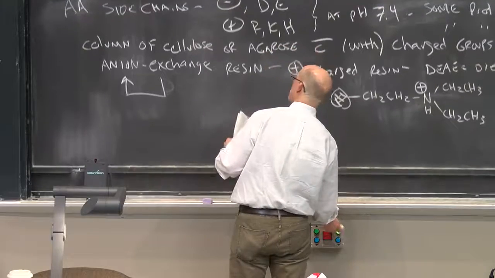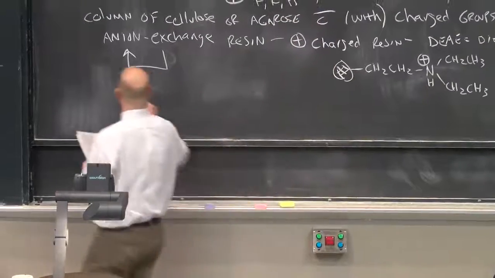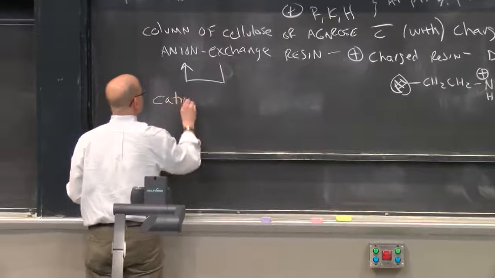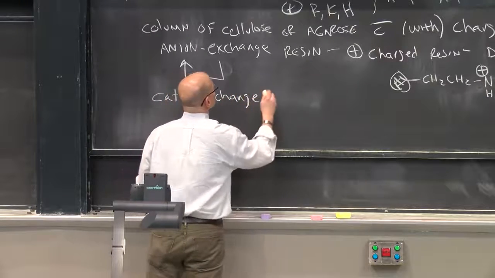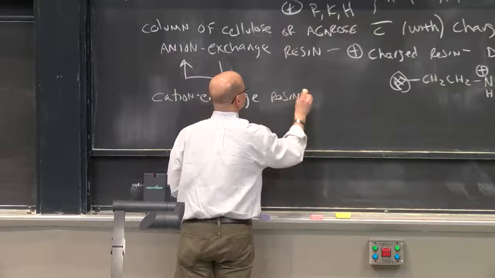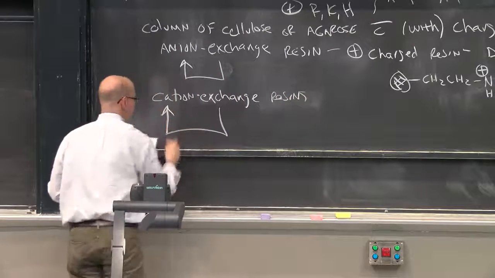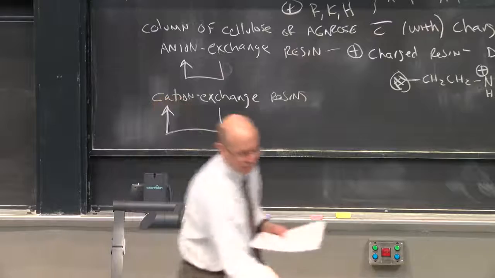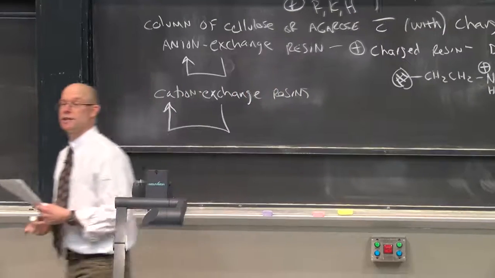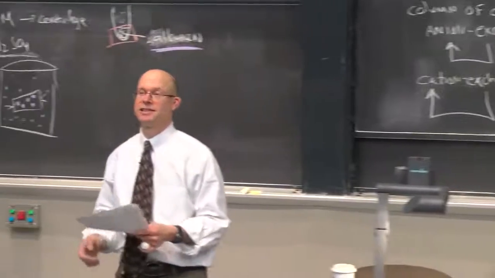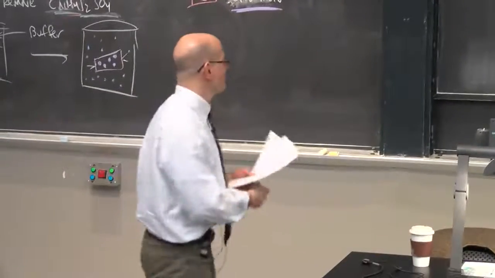I can separate them. Now, what about cation exchange resins? So, if I have a cation exchange resin, Santiago, what's a cation exchange resin going to exchange? Cations, of course.